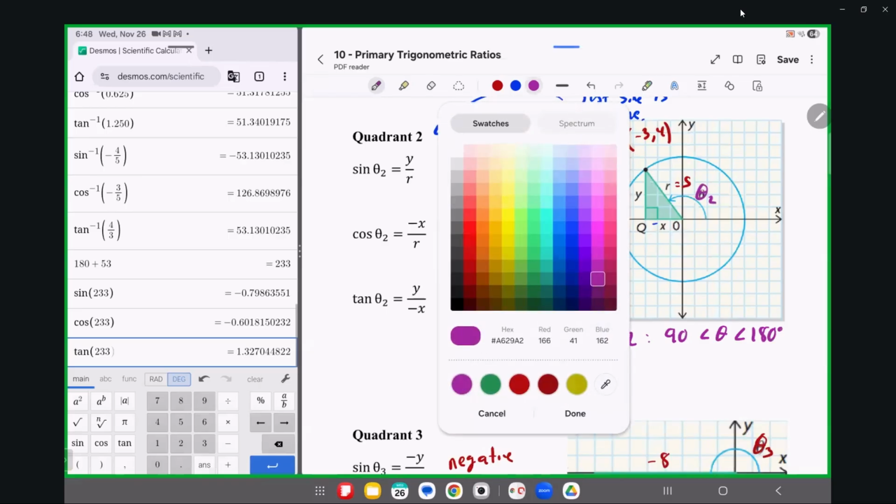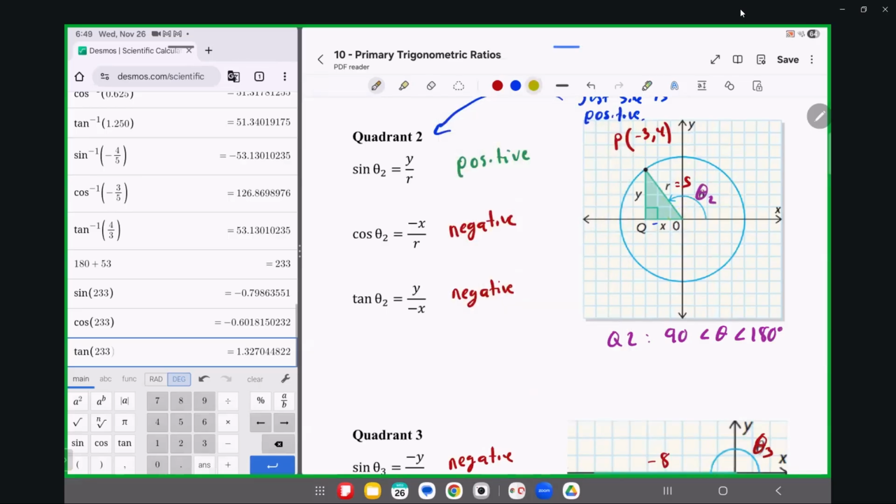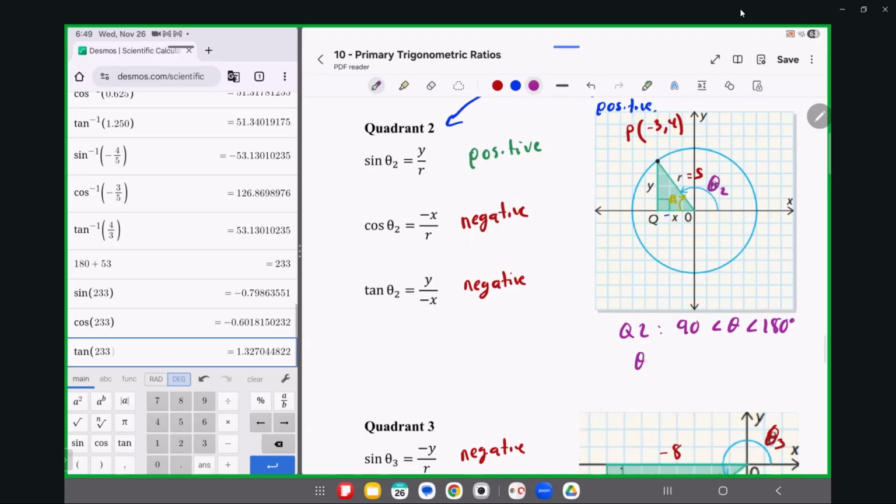Well, remember, we have our golden point, the reference angle, and we can figure out what that's going to be in quadrant 1. And so to figure out a theta 2 angle, that's going to be equal to 180 degrees, because it's an entire straight line, except the golden angle, the reference angle, which will be our theta 1.